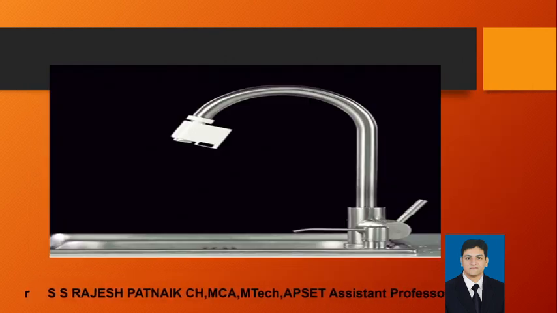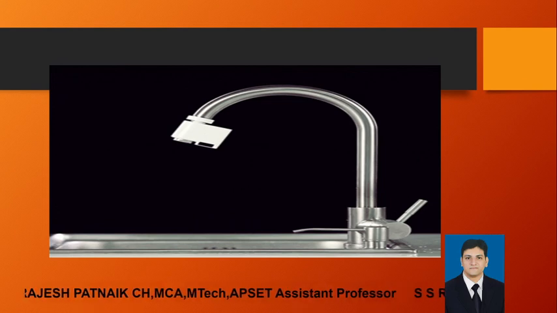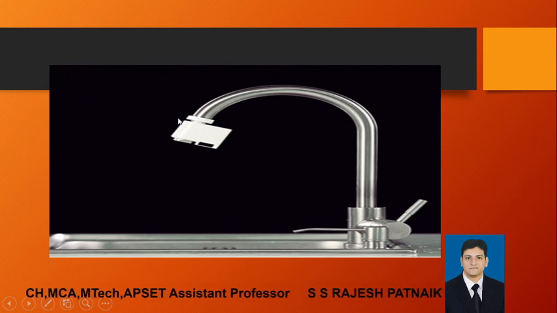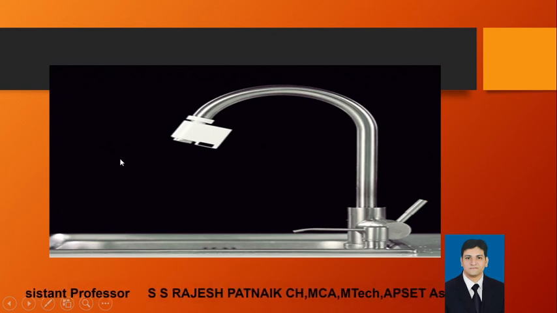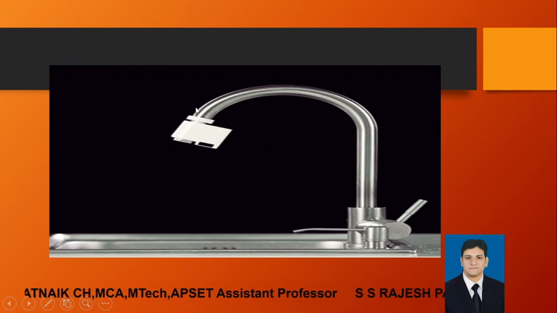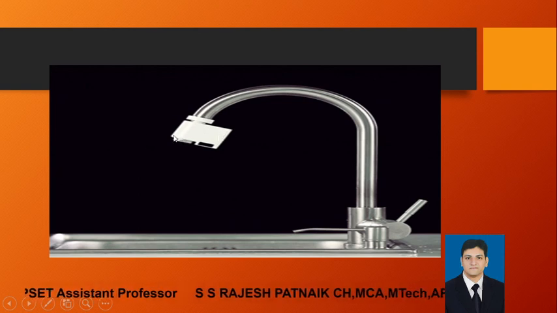See here, there is an example. This is the water pipe, so there may be an actuator there. Whenever we put the hand beside this particular valve, it will give the water. Whenever I take out the hand, it will not give the water. That means the actuator is arranged here. No need to use human energy to turn the tap on and off.